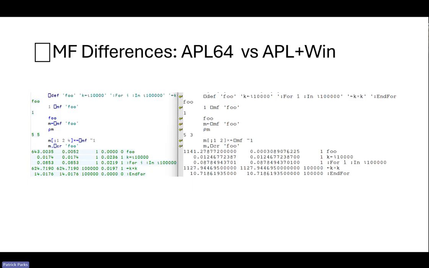Here are 2 simple examples where I create a function on the left and on the right, and then I display the quad MF times, and you can see the difference of the 5 columns on the left and the 3 columns on the right. You'll notice too that there's a scaling that needs to be done, because quad MF in its raw form returns timing information in columns 1 and 2, and in the case of APL64 in column 4 also, in terms of tick counts, and those aren't in seconds, so we have to scale them to be in milliseconds.